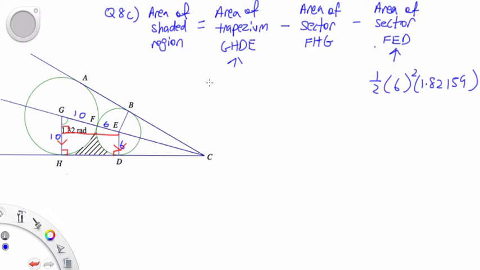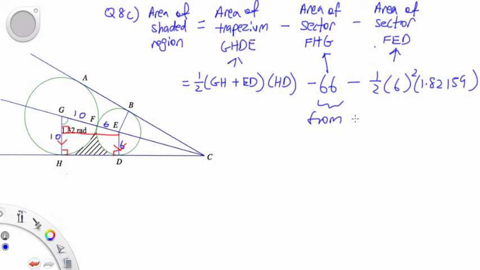Area of trapezium is half, the lengths that are parallel to each other, multiplied by the height HD, minus, now you have already found this in the earlier question, and you know that is 6, from question 8A. Now substitute in the values you know.